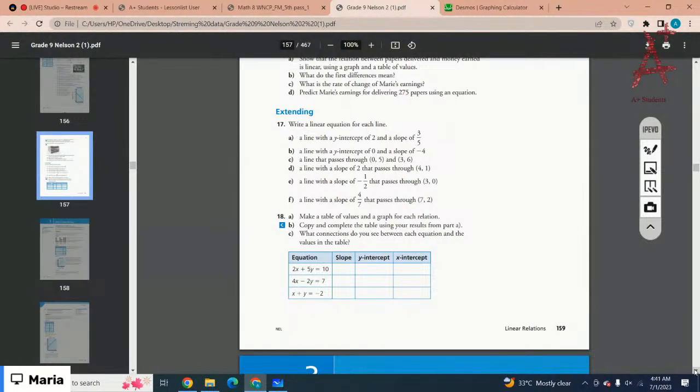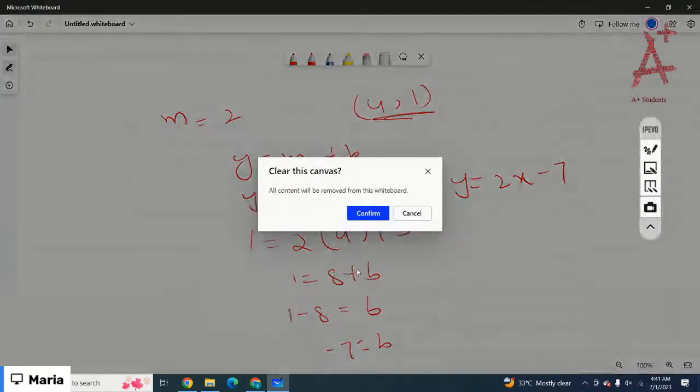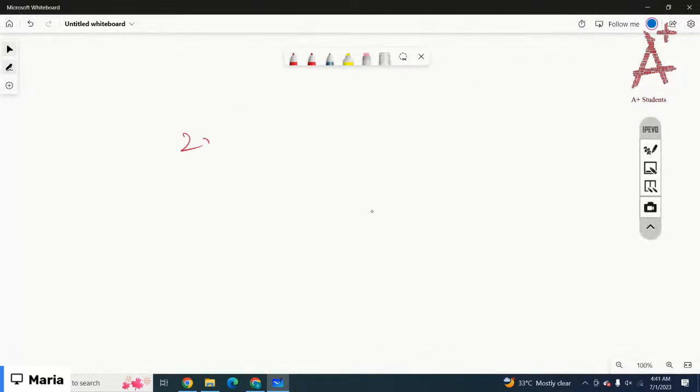Make a table of values and graph, copy and complete. Okay, first let's complete the table. The equation is 2x plus 5y equals 10. You have to write down this equation in the form y equals mx plus b. Just rewrite this equation: 5y equals 10 minus 2x.